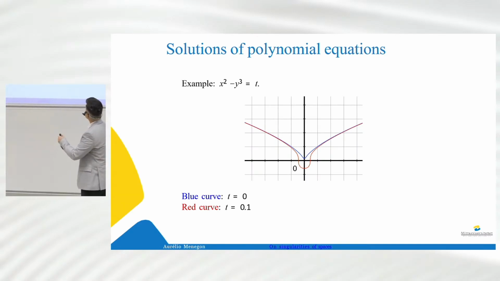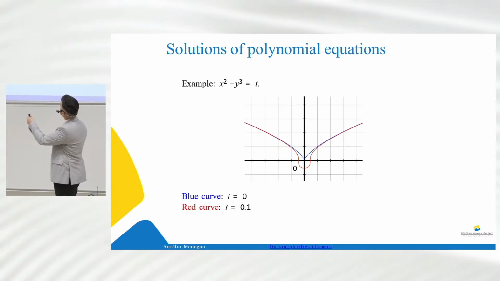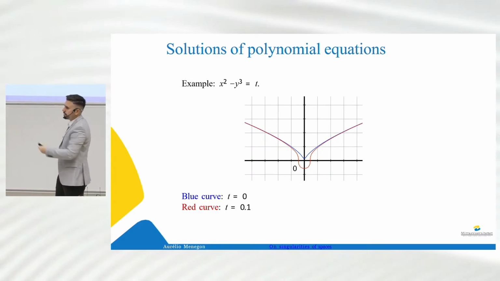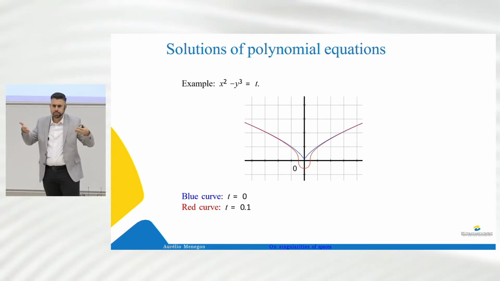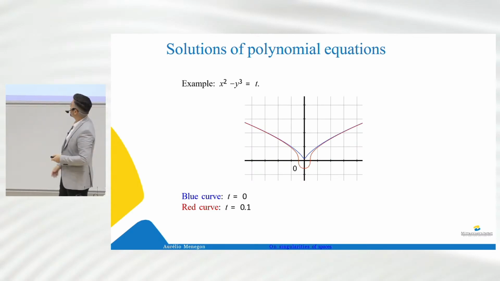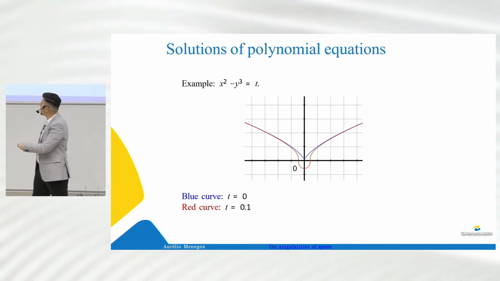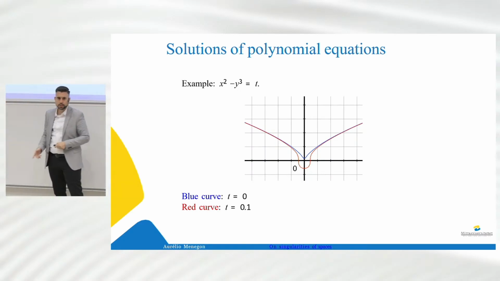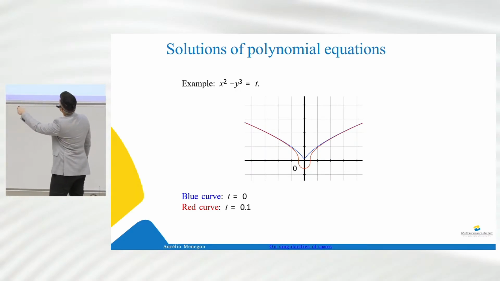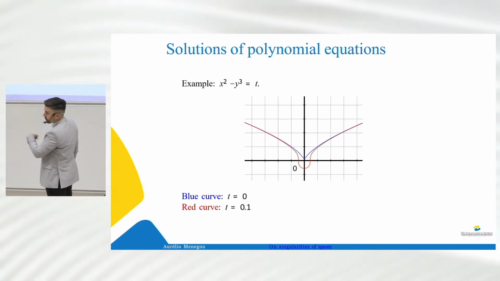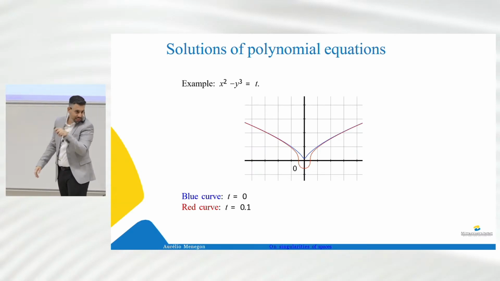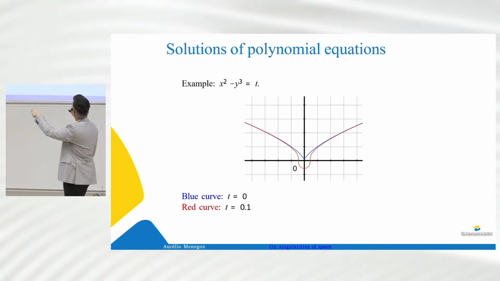So here I'm giving you the curve. When t is 0, because of course the solution set depends on the parameter t, you have this blue curve here. It's like a V letter shape curve, right? And if you take any other t, not 0, for instance t equals 0.1, the solution set is this other black curve, which is not blue.